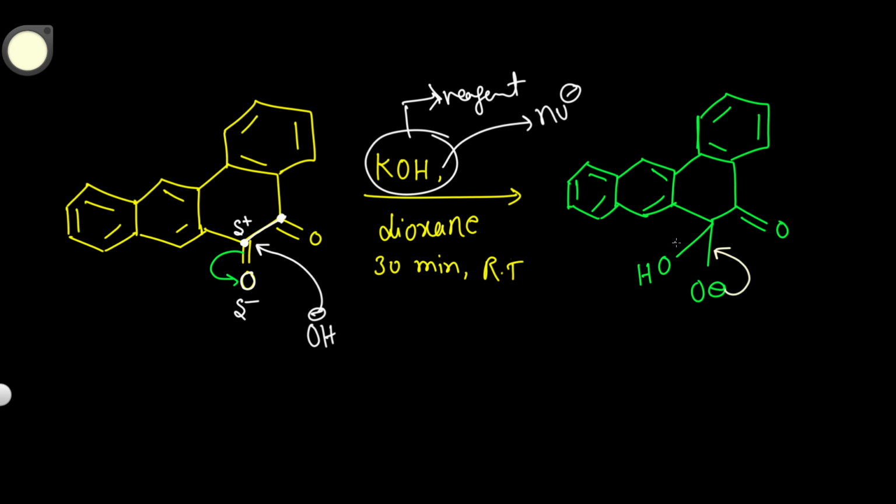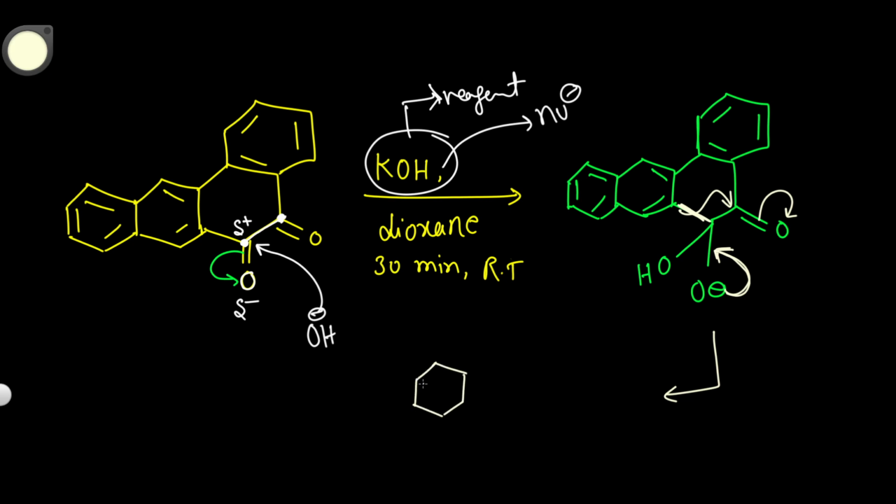So if this negative charge comes back, then what happens? This aryl group will migrate onto this carbonyl center, and you will get a negative charge on this oxygen, and you will get something like that.